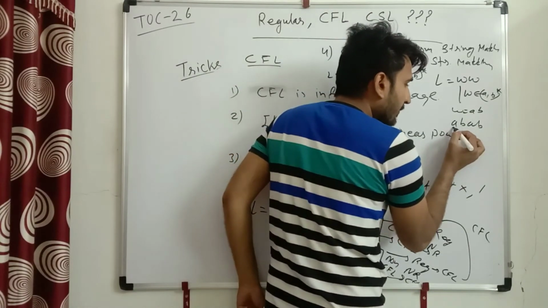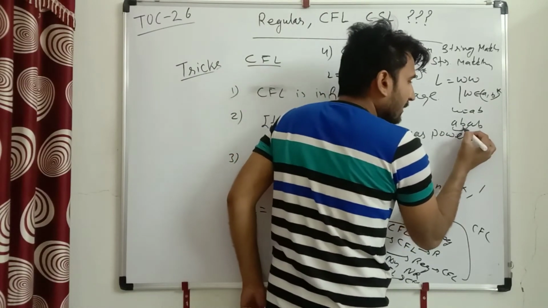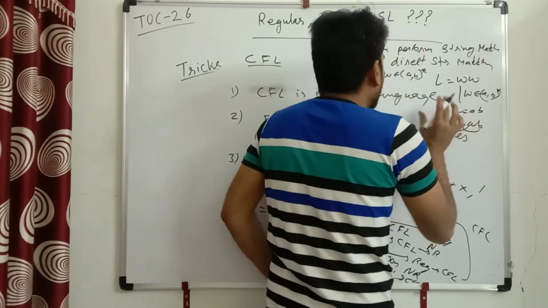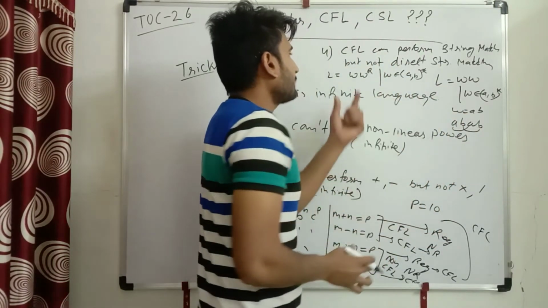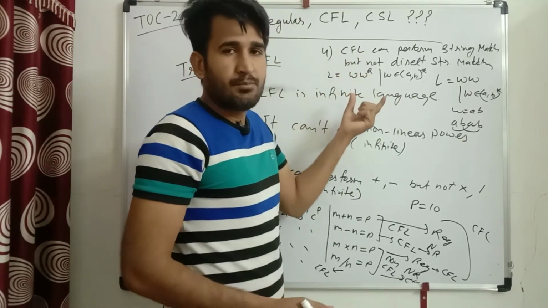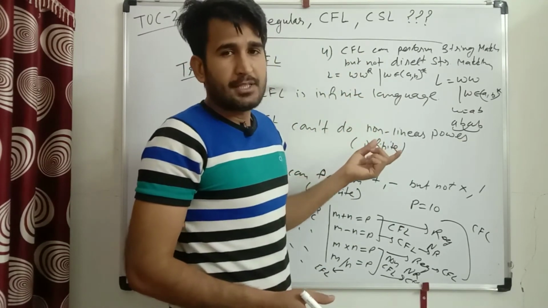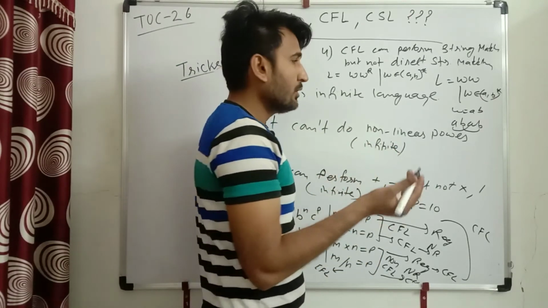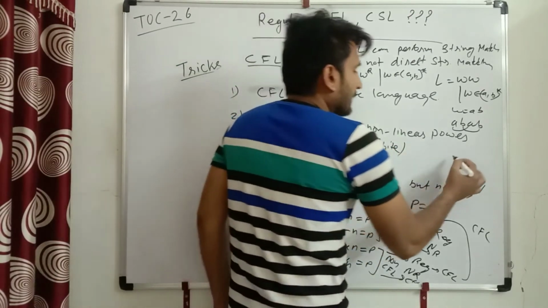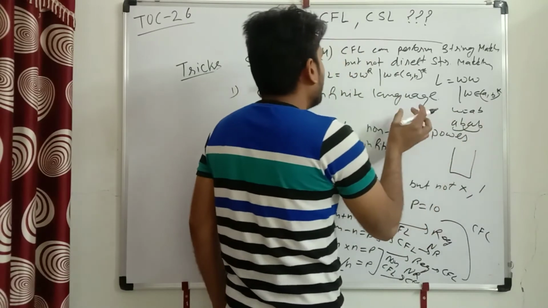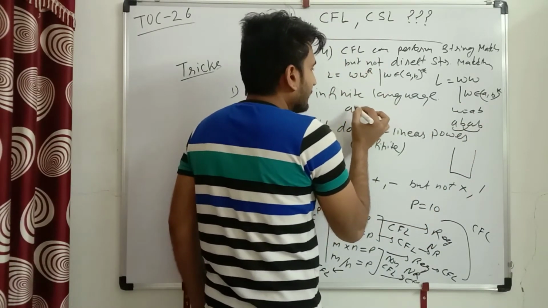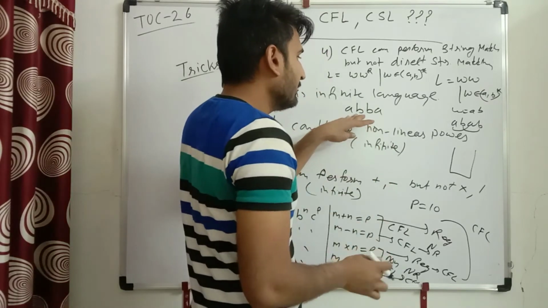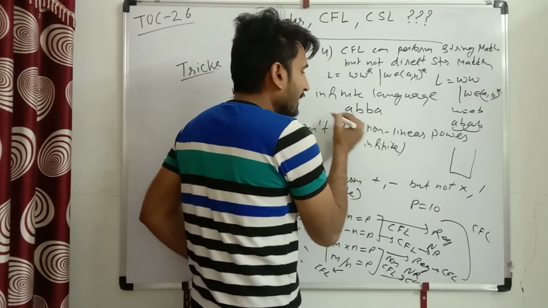To identify this in CFL, there is a PDA machine, which has a stack. So how does it perform? For this language, the string will be ABAB. How will it be performed? First A will be pushed.